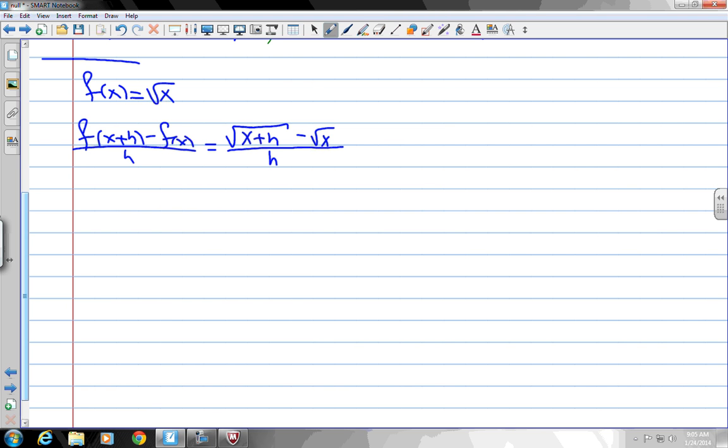So how do we simplify something like that? Square root of x plus h is also square root of x plus h squared? No. Well, few problems with that. By squaring the whole thing, first of all, it changes the problem, right? If I take 1/2 and I square that, it's 1/4 now. So it's not the same as 1/2.